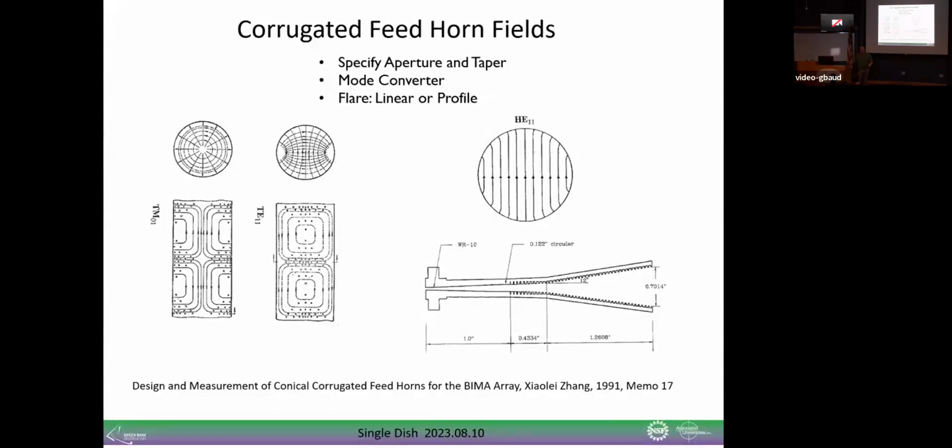These concepts are applied to any telescopes, but they're more important for single dish because aperture efficiency and mapping speed really come into play, and low noise and high efficiency matter most. The same concepts can be applied to interferometers.